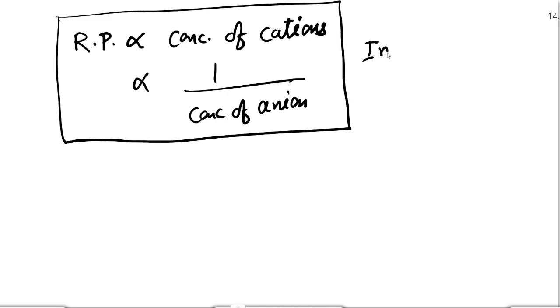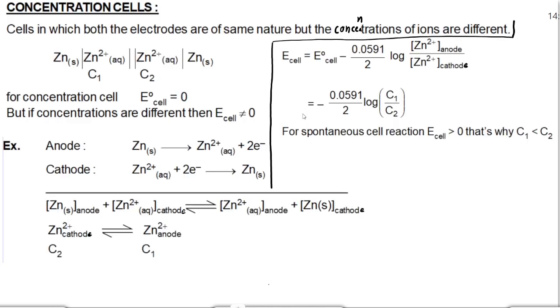This is also important. As the concentration of cation increases, reduction potential increases, and as the concentration of anion increases, reduction potential decreases.